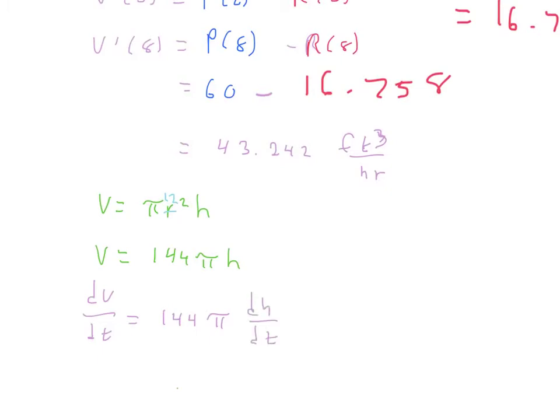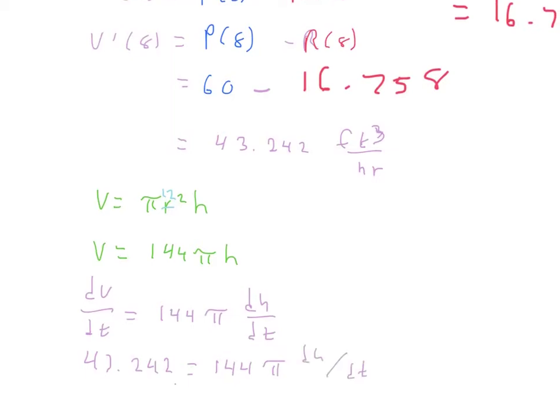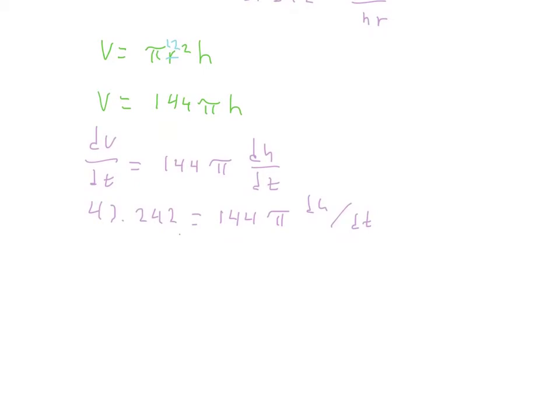We're looking for dh dt, and in the first part of D, we found the change in volume at 8. So we can plug that in: 43.242 is equal to 144 pi dh dt. To find dh dt, let's divide both sides by 144 pi.